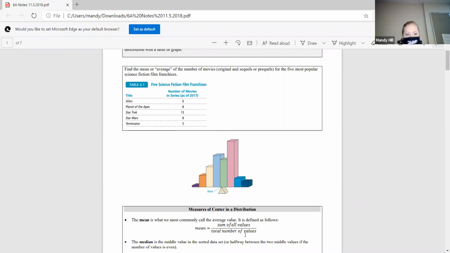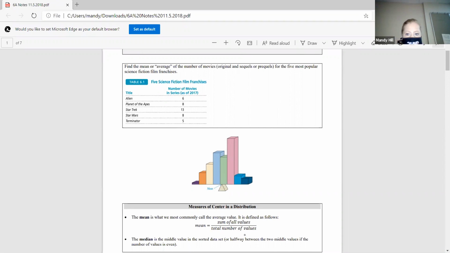So in this problem up here, if we wanted to find the mean, we would have to do 6 plus 8 plus 13 plus 8 plus 5, and we would divide that by 5 because there are 5 different movies.